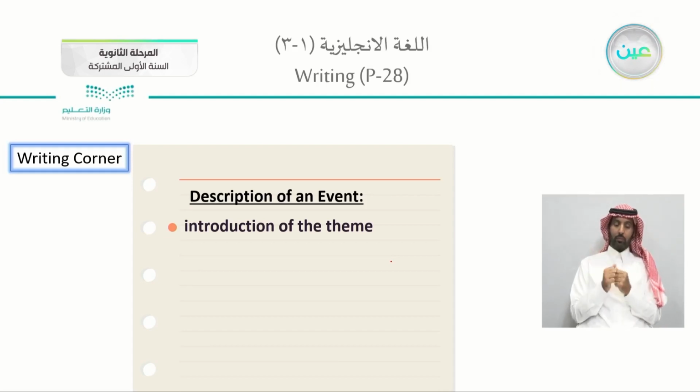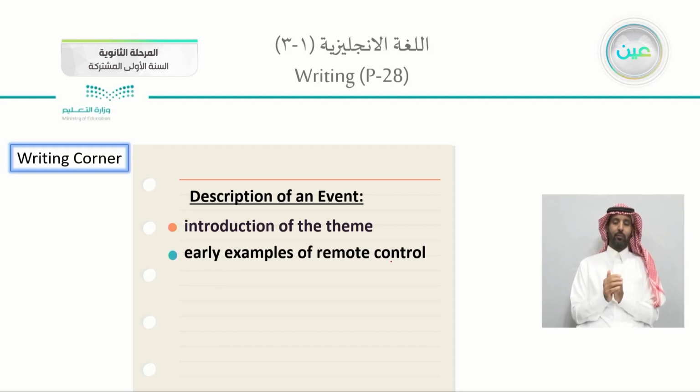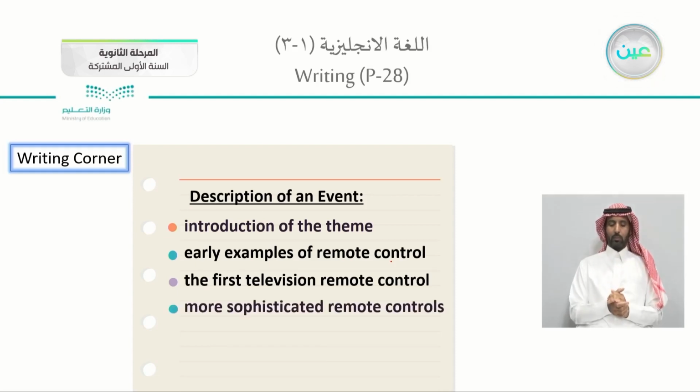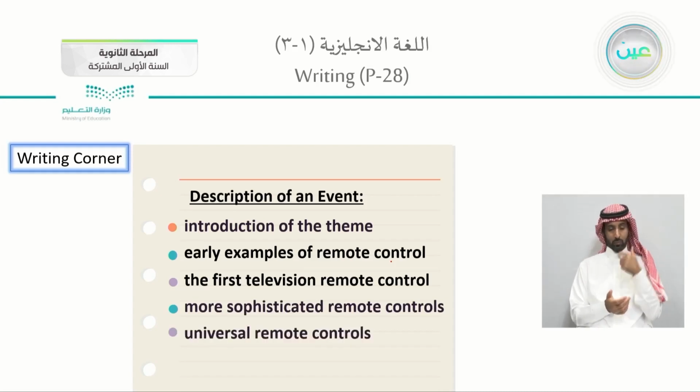Introduction of the theme. Then we've started with the early examples of remote control, the first ones, followed by the first television remote control. So how we started? We started with the early examples, then we got to our goal, which is the first television remote control. Then we got to the more sophisticated remote controls, and we ended up with the universal remote controls.